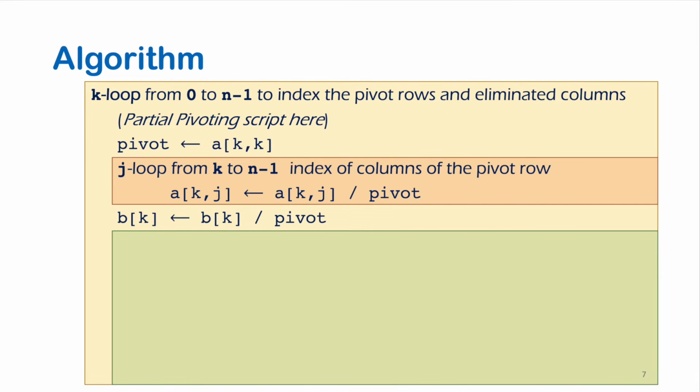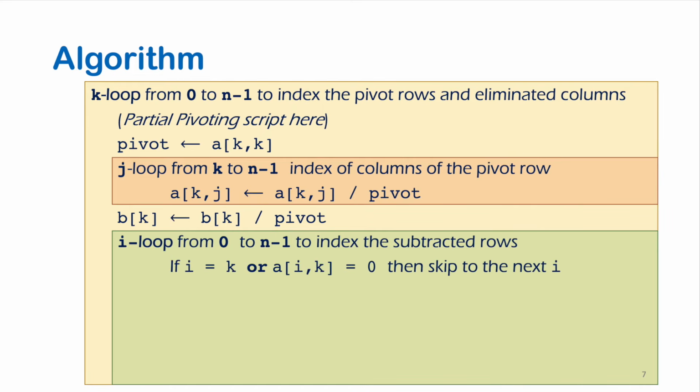The i loop applies elimination to the rows above and below the pivot row, so it covers all the rows of the system except the row which is already transformed and rows which already have 0 elements in the pivot column k. Exactly as we have done with the pivot element value, we save the value of the pivot column element of the row i in a separate variable for the same reason. Let's call it factor.